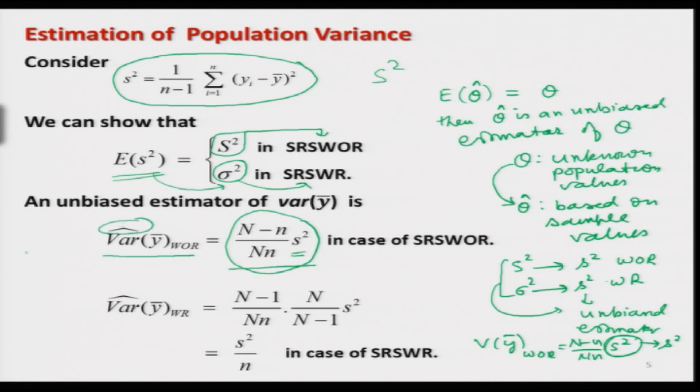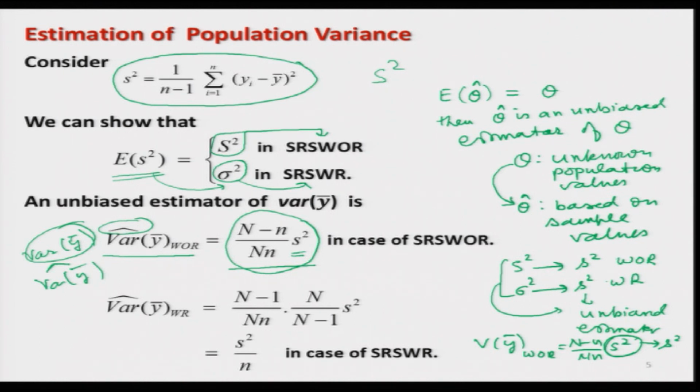I have two quantities, variance of y bar and variance hat of y bar. Suppose this is the population value, that is unknown, but this is based on sample value. So, I put a hat to identify that this is the value which can be estimated on the basis of a given sample of data.